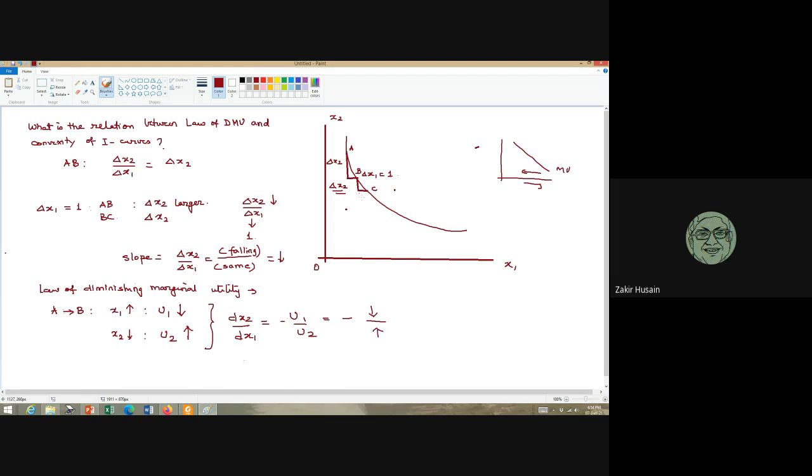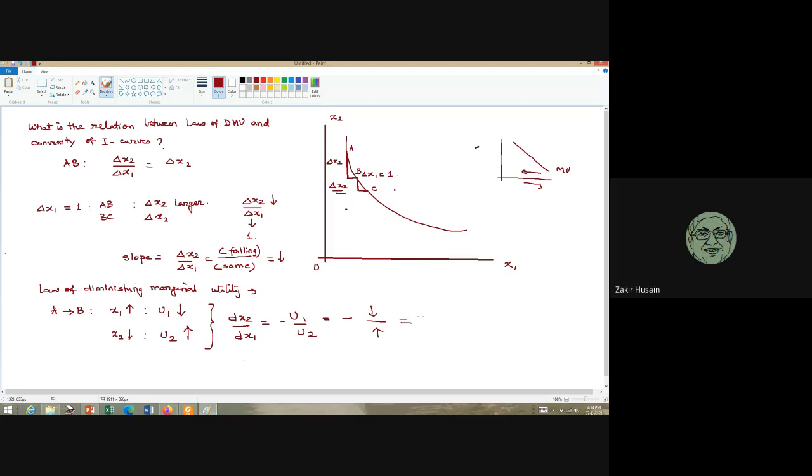So as we are moving from A to B, as we're moving down the curve, what is happening to u1? It is decreasing. What is happening to u2? It is going up. So what will happen to the slope?